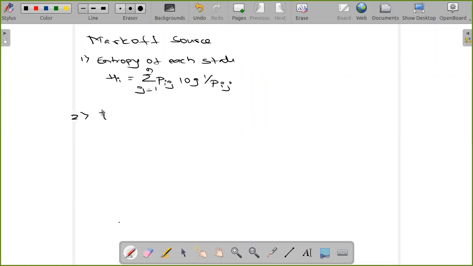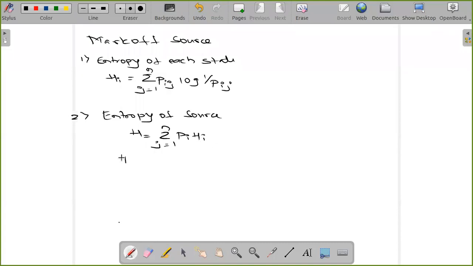entropy of source. So to find the entropy of source, H equal to summation i equal to 1 to n, Pi Hi.